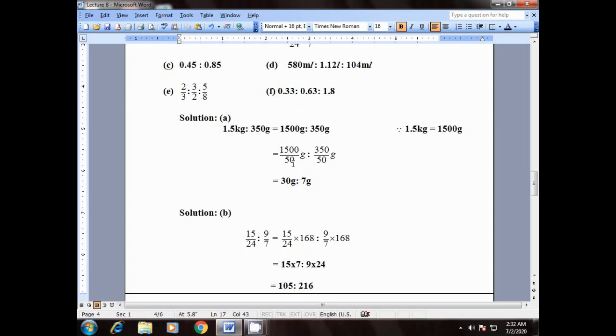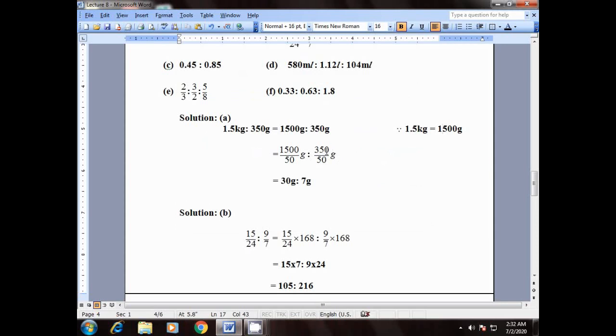Now you see, cancel these two zeros at the numerator and denominator position, then we have left 150 divided by 5. Now divide 150 by 5, you will get 30. Ratio, same as, let's divide this 350 by 50.